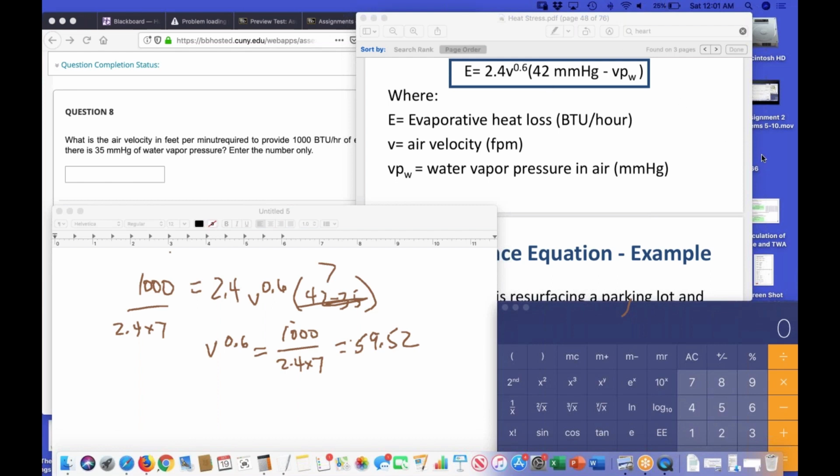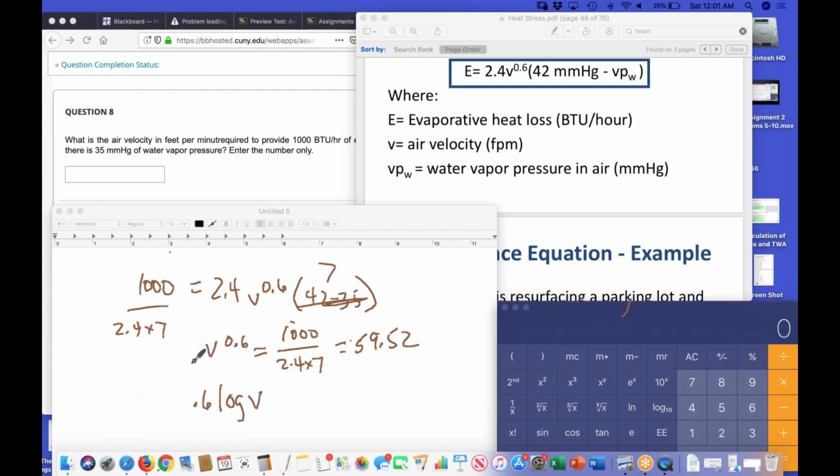Okay, so let's continue with this analysis and let's see what we wind up with here. At this point I can take the log of both sides, because the log of v to 0.6 is the same thing as 0.6 times the log of v.